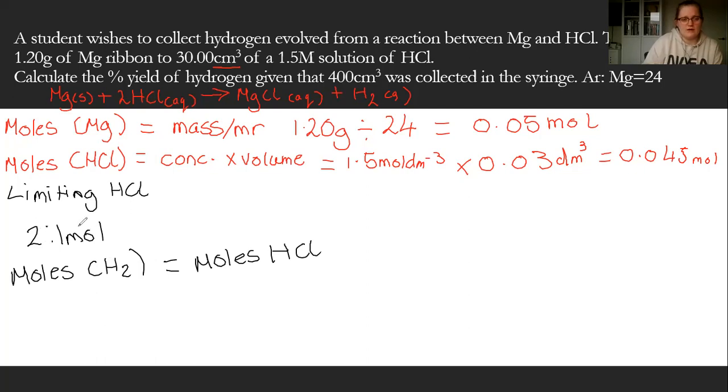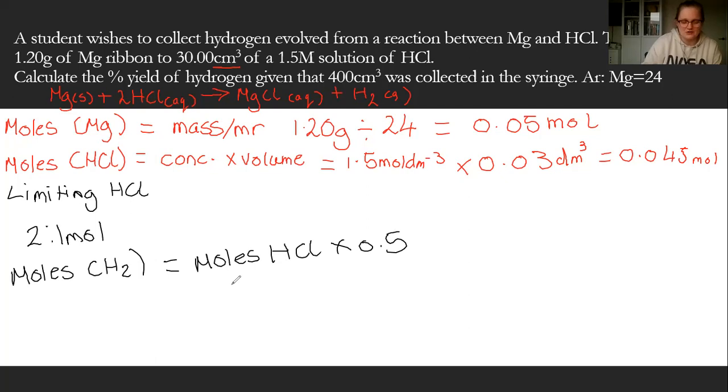We're going to multiply that by 0.5 because it's a ratio of 2 to 1. Therefore, we have half the amount of moles of hydrogen as we do moles of hydrochloric acid. So we are going to multiply the moles of hydrochloric acid by 0.5.